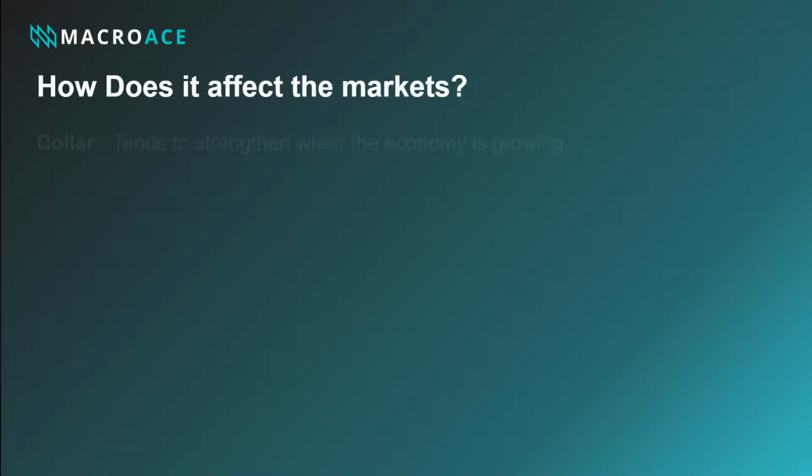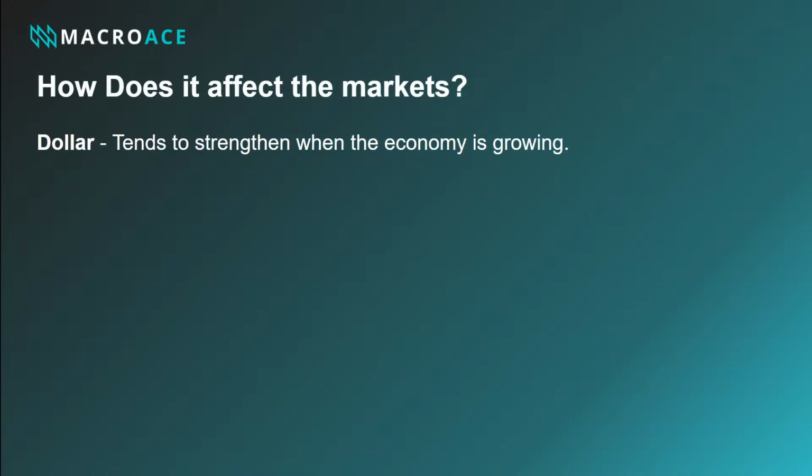Now, how does it affect the markets? With a stronger than expected CPI print, you'd expect the dollar to see some upward momentum or a bullish reaction, in anticipation that rates will stay higher for longer.